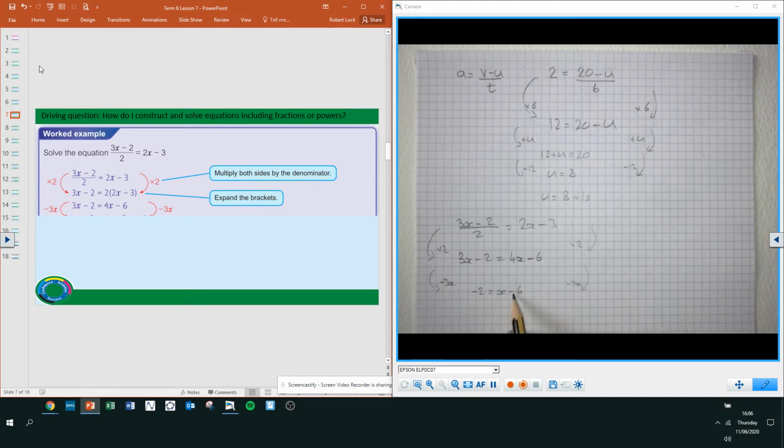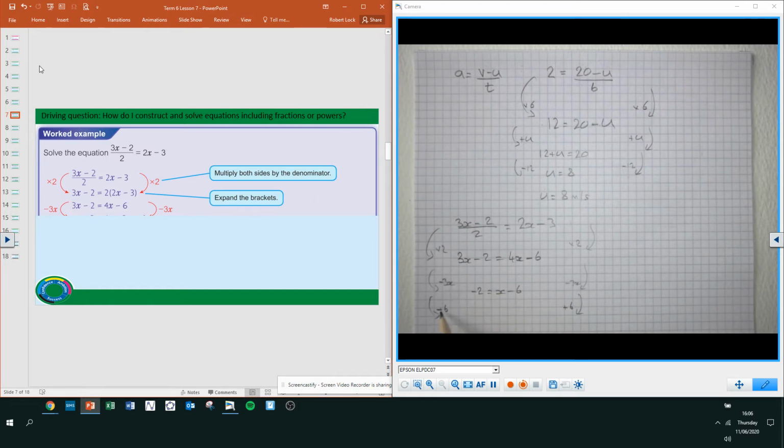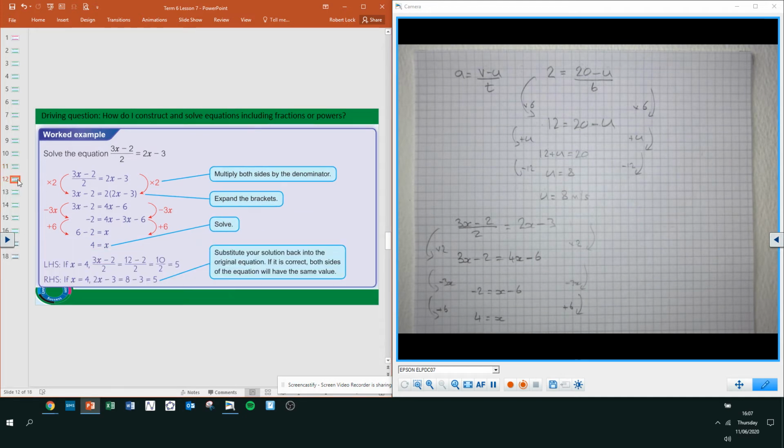Then we want to add 6 to both sides. 6 take away 2 is 4. That's 4 equals x. So x equals 4.